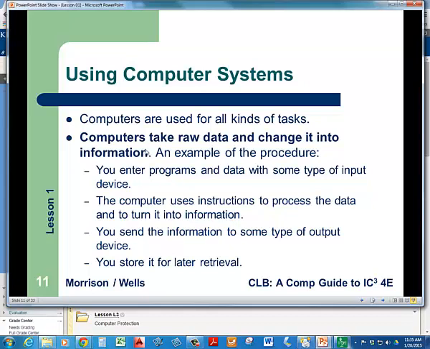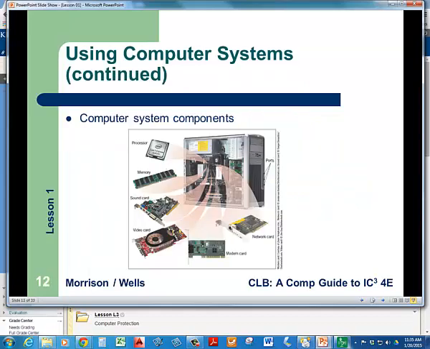So we use them for all kinds of tasks. We take raw data and change it into information. Your basic components, remember, are a processor, memory, some kind of expansion card perhaps. Might have to have an extra sound card. Might have to have an extra video card.